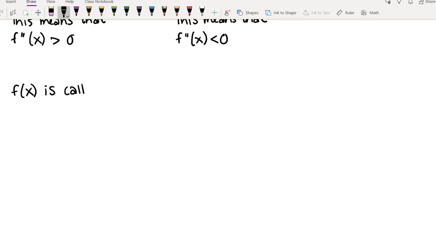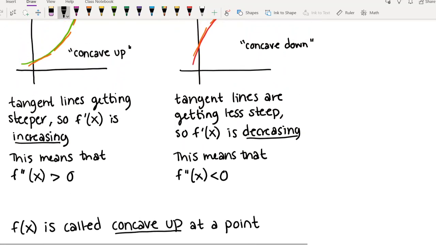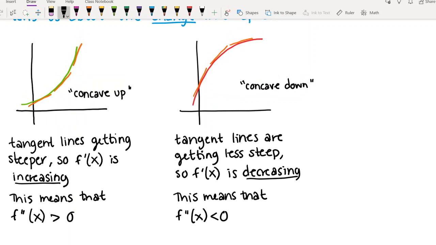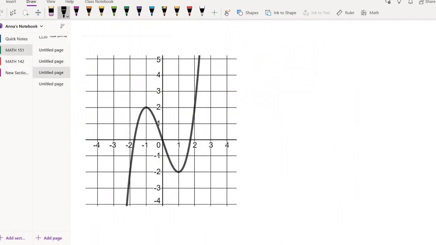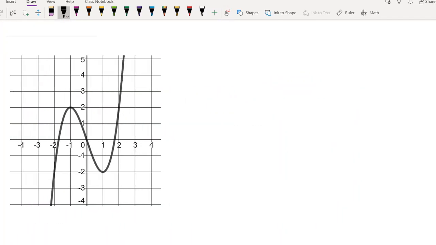So the technical definition of concavity is that f of x is called concave down, or actually let me start with concave up, at a point. So we'll see that when we look at some later examples, these are both examples of graphs where the first one is always concave up, the second one is always concave down. But later we'll go back to our same first example, and this one switches concavity, right?